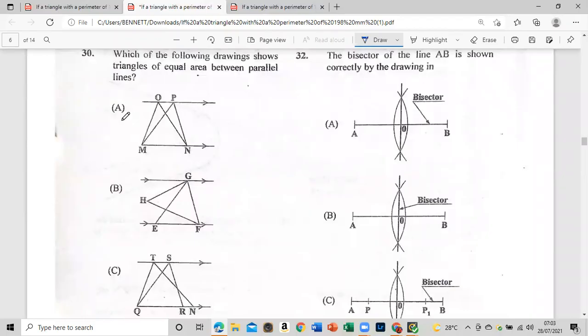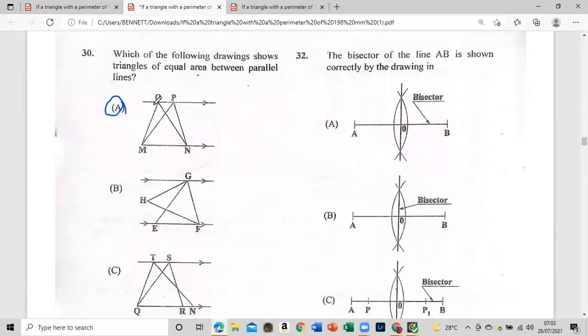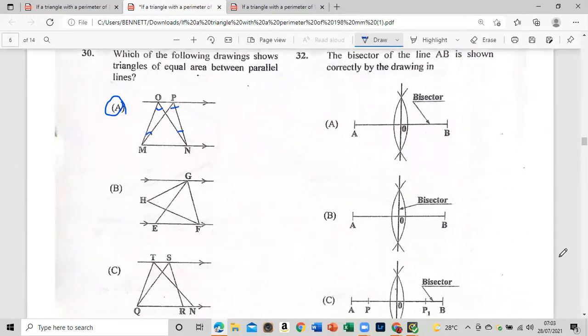Okay, definitely A. See, this angle right here is equal to this angle right here. Alternate segment. And the lengths are the same, so it is A. Yo, this is full of maths, like, whoa.